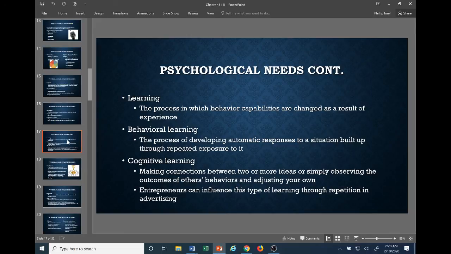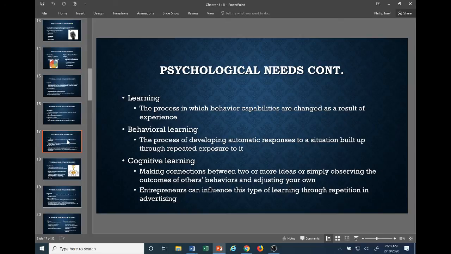And it says entrepreneurs can hone in on this cognitive learning through advertising. So if we remember earlier how I said that people might not feel that they have a need or a desire, but once they actually watch an advertisement, they might otherwise think that they do, because for some reason it just sparked an interest in them.